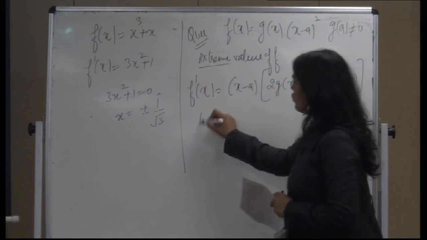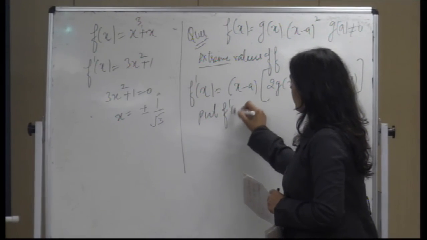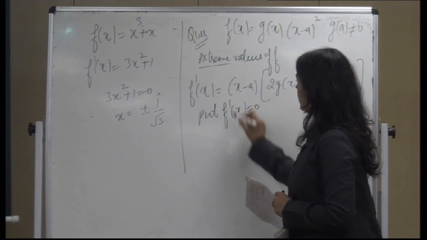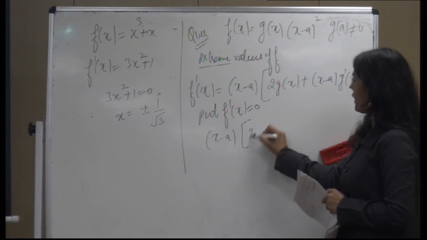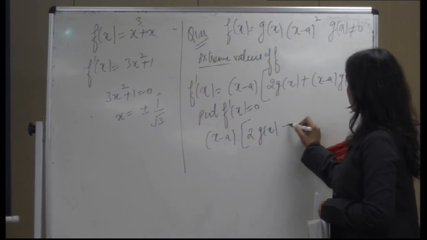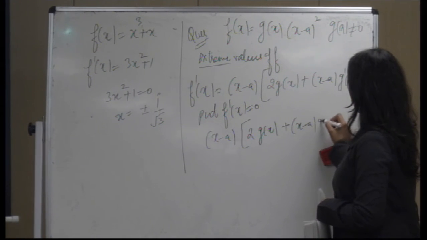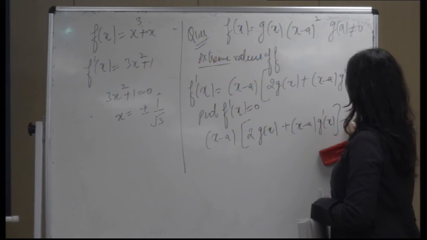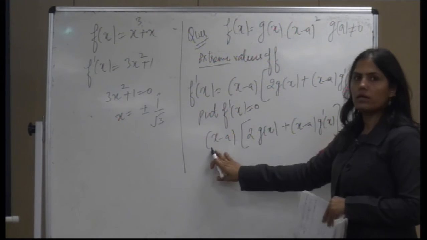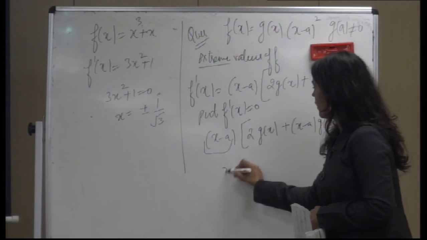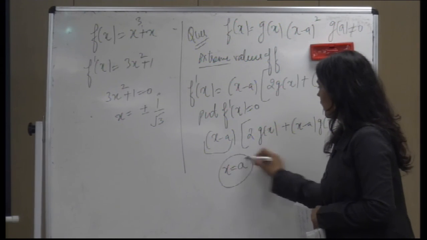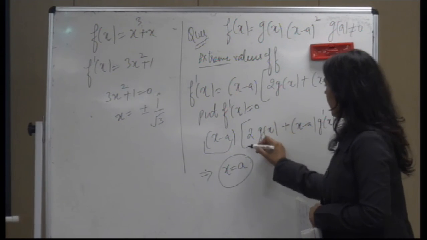What I have to do is equate it to 0. So equating it to 0, I am getting two terms. Either this is 0 or this is 0. So from here I am getting x equal to a.